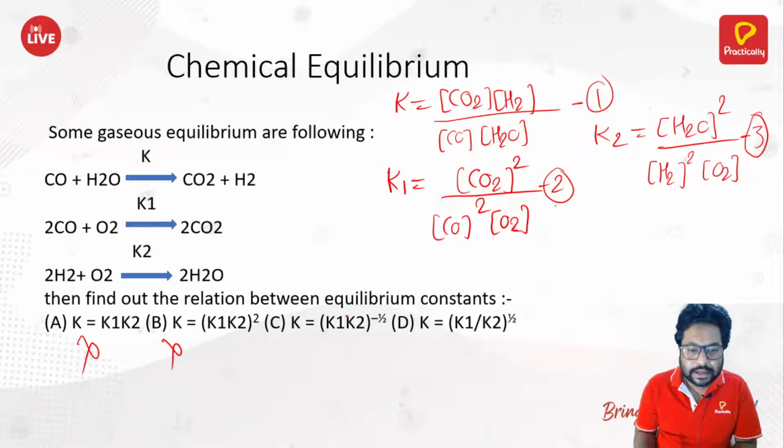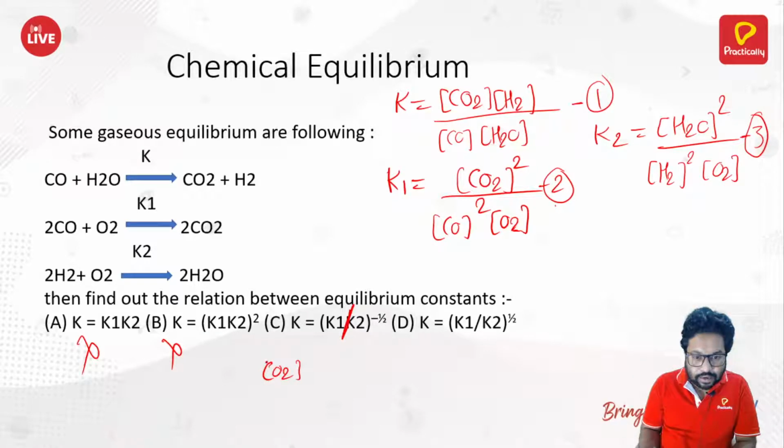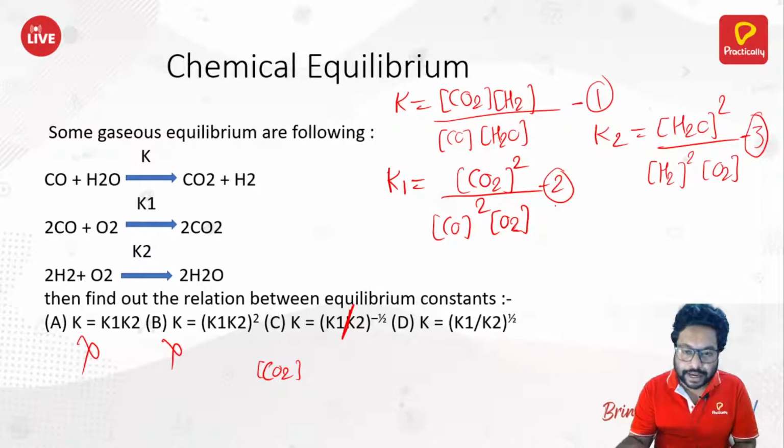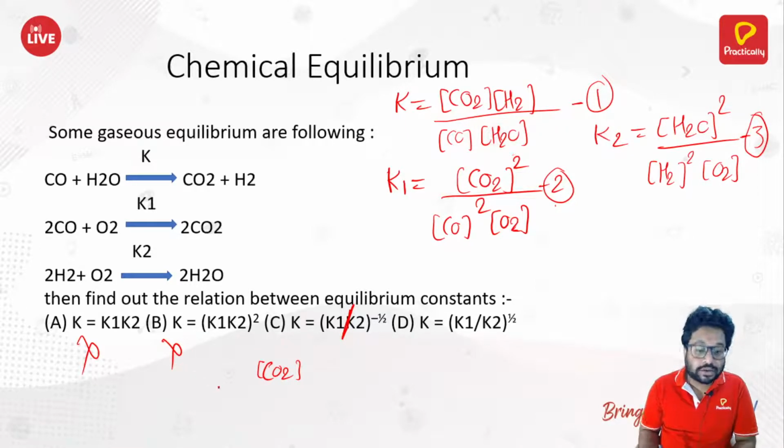Then we got C, K1 by K2 raised to 1 by 2. Raised to 1 by 2, that means what? So K1 you write like this, CO2 square. You are dividing K1 by K2 and then taking under root. Then taking under root, that means this CO2 becomes what? You are taking square root of CO2, so it becomes normal CO2.